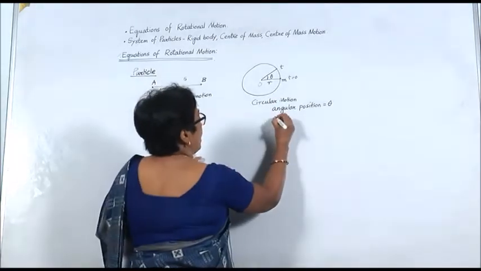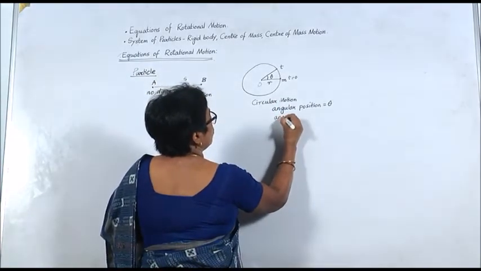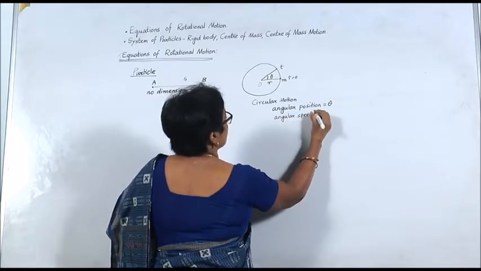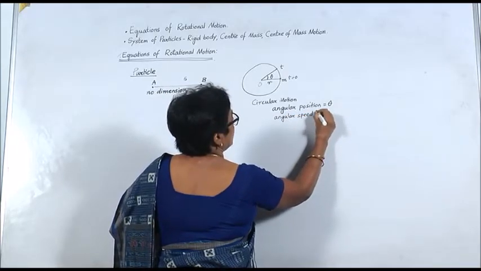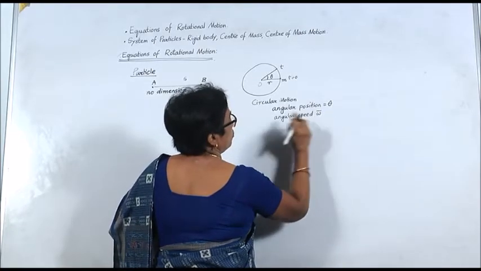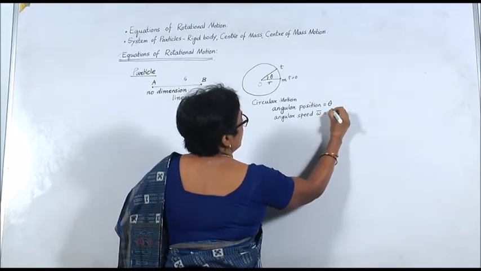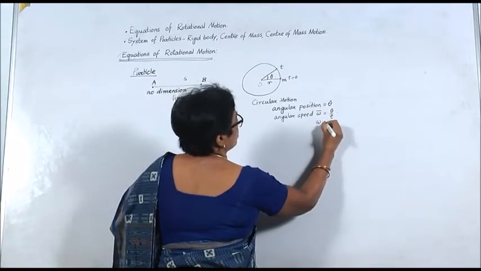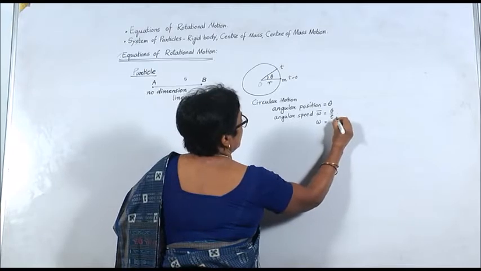So, here the speed is angular speed. The average value, that is why I have put a line over the omega, is equal to theta by t, and instantaneous angular speed will be d theta by dt.